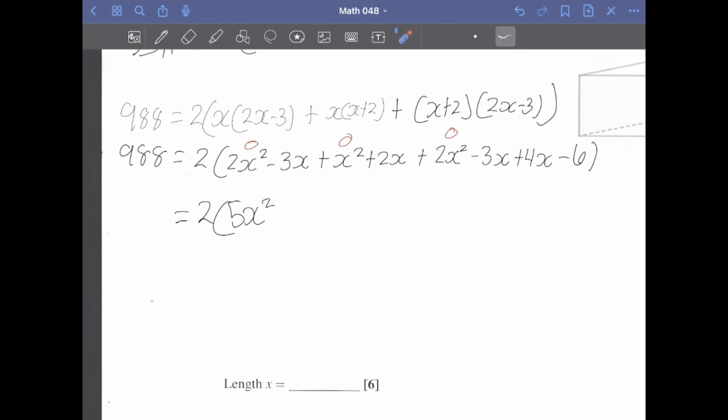Minus 3 plus 2 plus 2 minus 3 plus 4. That's 0, so they completely cancel out. So now we're left with negative 6.